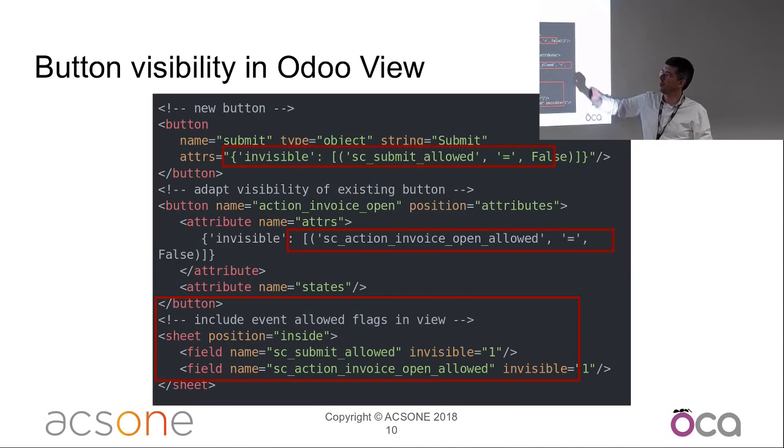We can do that for existing buttons, of course. So there we replace the Odoo condition that makes the validate button visible with this new condition, which just asks the state chart: can we click validate or not?